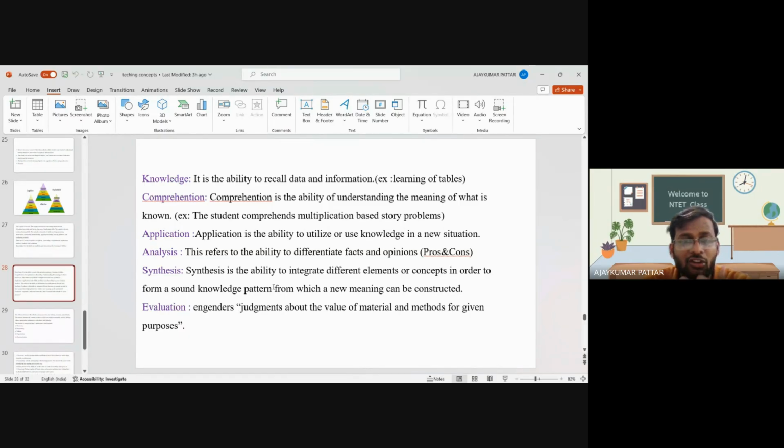He is able to recall only information. If a student or individual has a good IQ and an environment based on teaching methods, he may do the comprehension, he may start understanding the meaning of that concept. Further, if the student is more able, he may apply that concept in a new situation. Next, above that, if someone is a scholar student, he can analyze what is the thing.